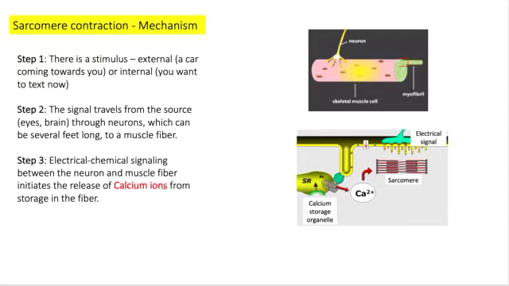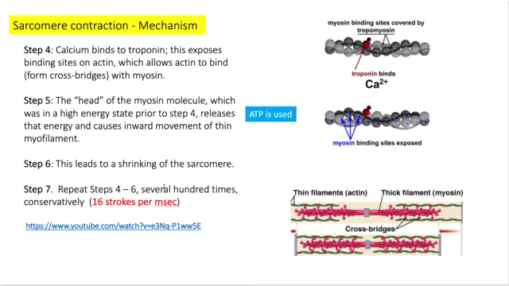Of course, you have to ask, well, why is calcium important here? What is calcium doing? So this is what calcium does. Calcium binds to troponin. Troponin is part of the complex of the thin myofilament: troponin, tropomyosin, and actin. Troponin is bound with calcium.